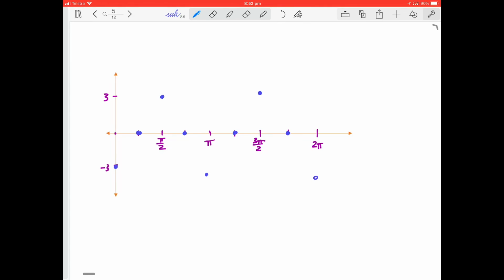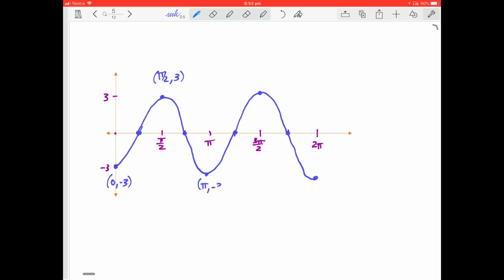Last point's probably not great. Okay, so we've got 0, -3, pi on 2, 3, pi, -3, 3 pi on 2, 3. Our endpoint is 2 pi, -3.